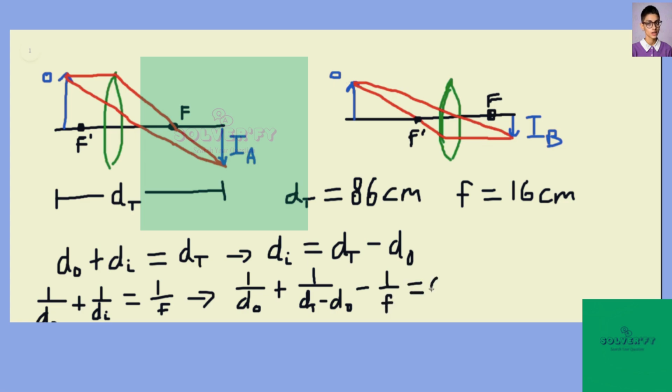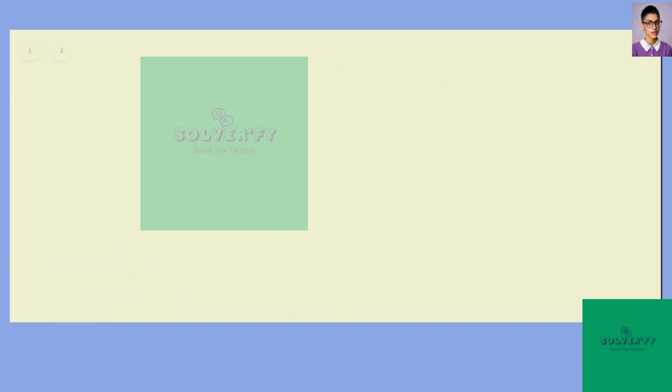Then if we multiply through by f, and by d0, and then by dt minus d0, so we're just getting all of those out of the denominator, we find that this is equal to d0 squared minus the total distance, dt, times the distance to the object, d0, plus f, the focal length, times the total distance, dt. This is equal to 0.